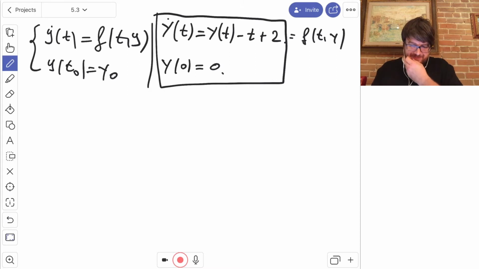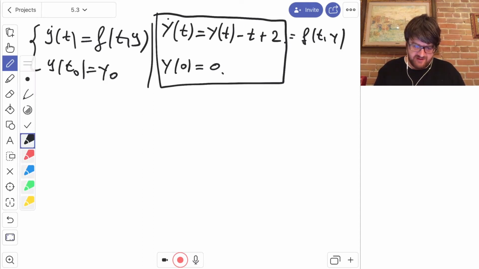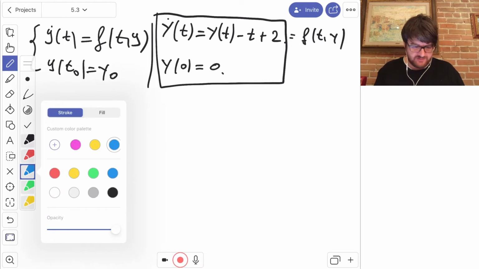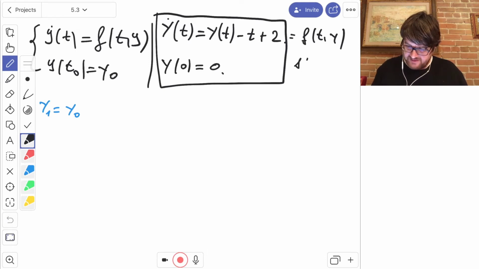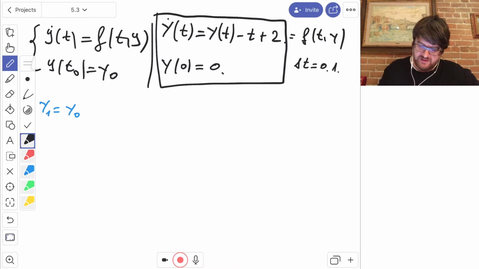All right, so y0 we know is 0. Let's look at some values using explicit Euler. So in the explicit Euler, y1 is going to be equal to y0 plus, oh, I forgot, very important, delta t. Let's pick 0.1, it's relatively small.